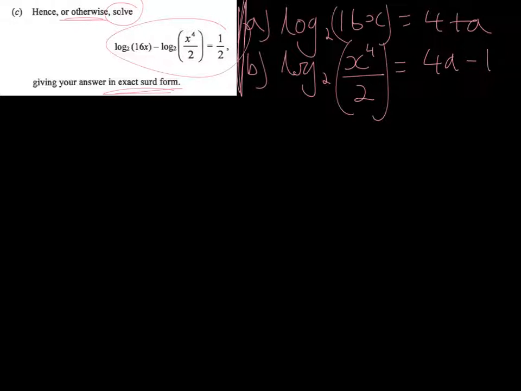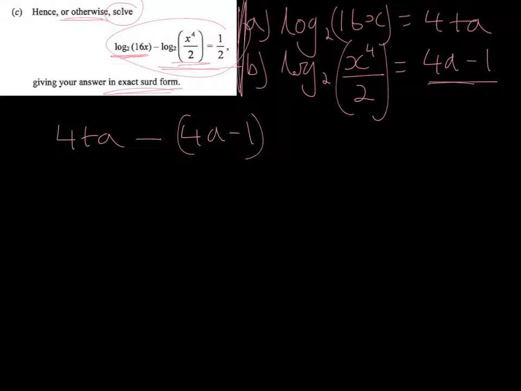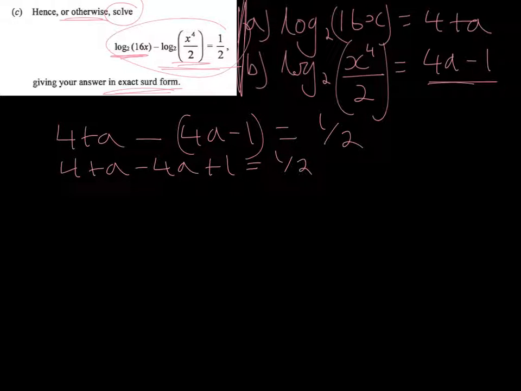So let's just take what we know from part A and B. This first part here is 4 plus a. And the second part here, substituting in from part B, is going to be 4a minus 1. Careful to include the brackets around it. And we know that that equals a half. So first things first, let's just tidy this up a little bit. So we're going to end up with 4 plus a minus (4a minus 1) equals a half.